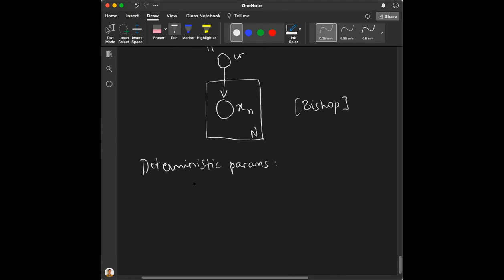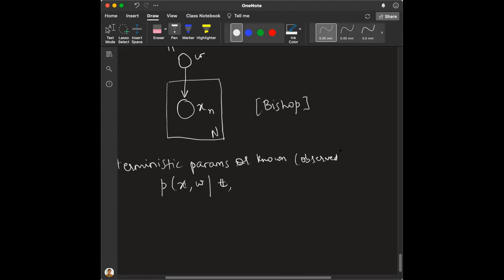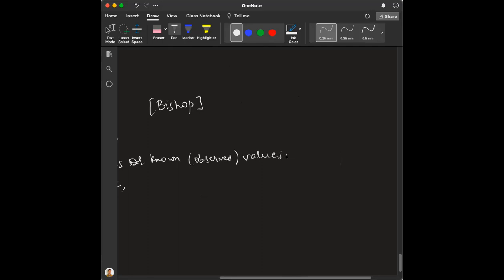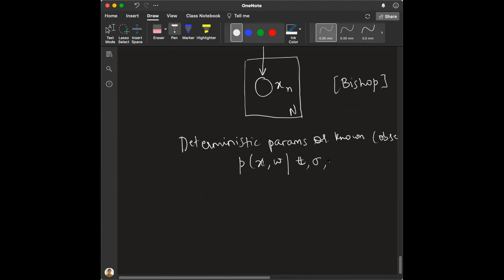So for example, you may have a distribution P of x comma w, and as you know, you may have a sigmoidal distribution or some kind of distribution where you have some given parameters, or there could be some observed values which are already known to you, maybe some observed values t, or some parameters like sigma, mu, etc.